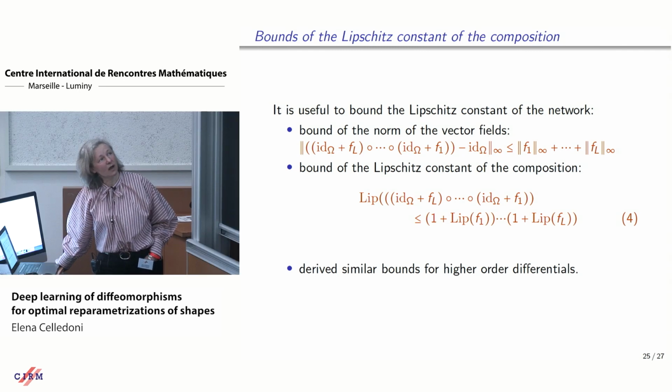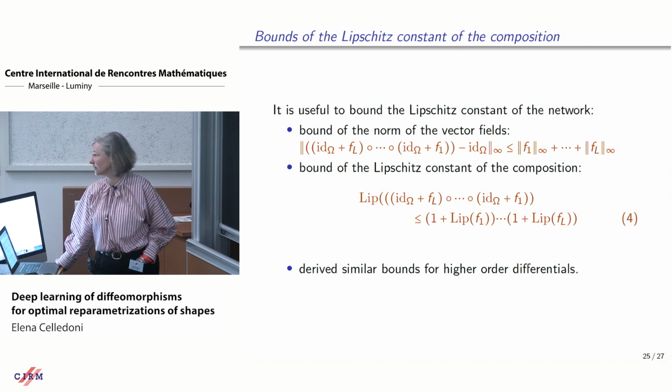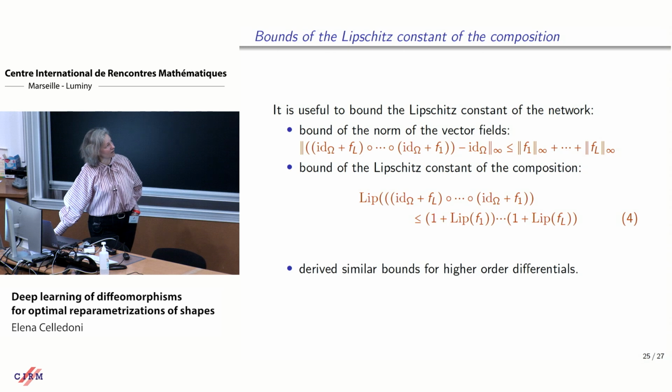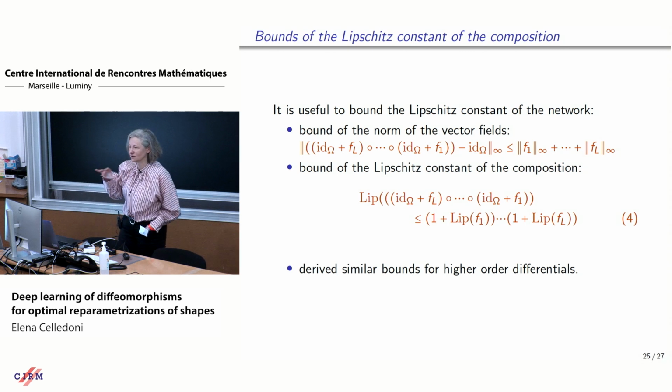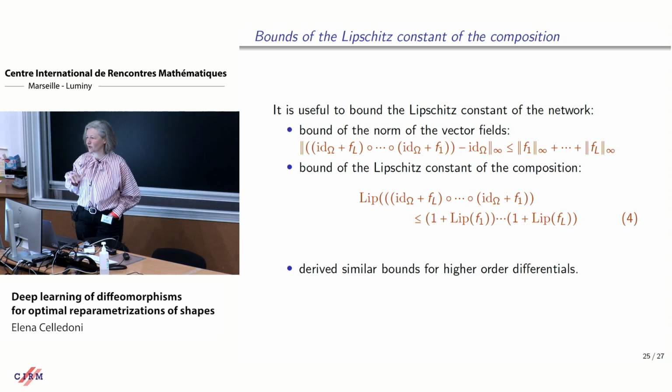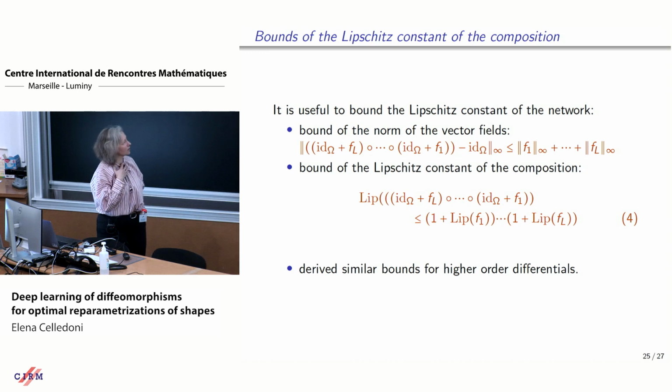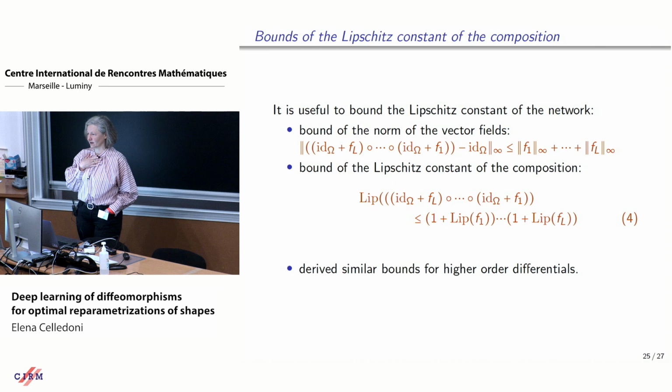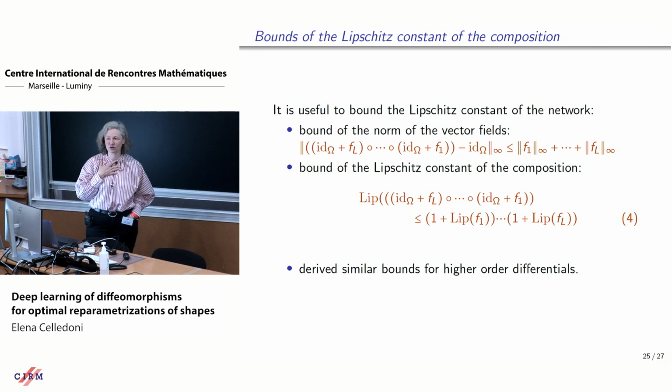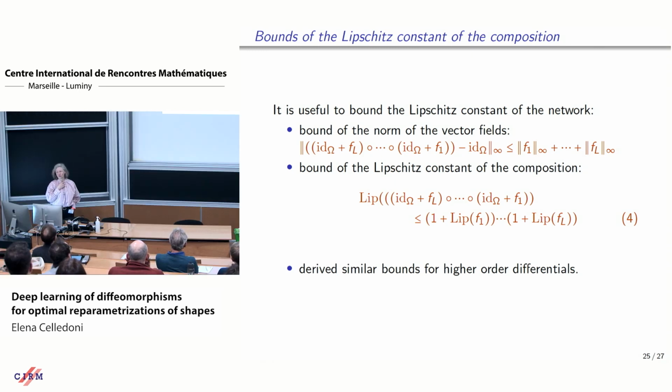And we have derived similar bounds for higher order differentials. They are cool bounds, very nice recursive formulas, a little bit complicated perhaps, but the problem is that they are probably quite pessimistic. But we are not quite sure if it is possible to do it differently.